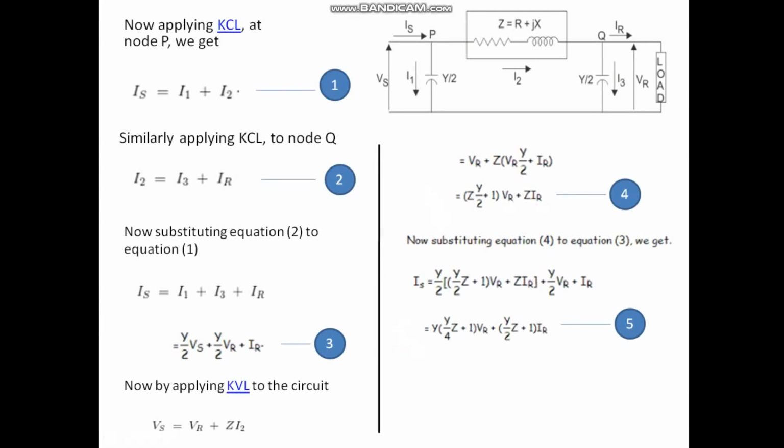So what we have obtained is sending end voltage in terms of receiving end voltage and receiving end current, and sending end current Is in terms of receiving end voltage and receiving end current, right?